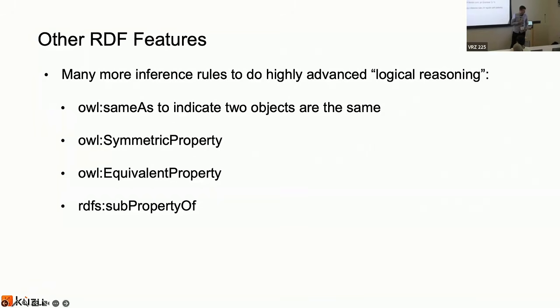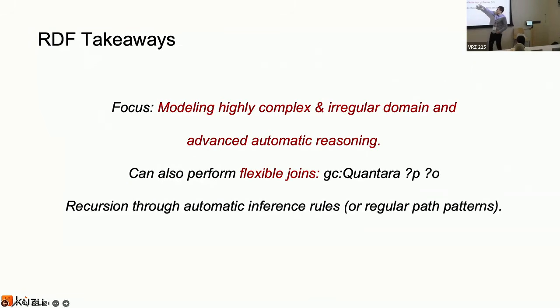So this is what I mean when I say that one of the focuses of RDF is that it can do advanced automatic reasoning. In a property graph system or a Datalog system you'd have to do your reasoning manually, with your queries or with your Datalog if-then rules, whereas here you get the system to do these things for you automatically.